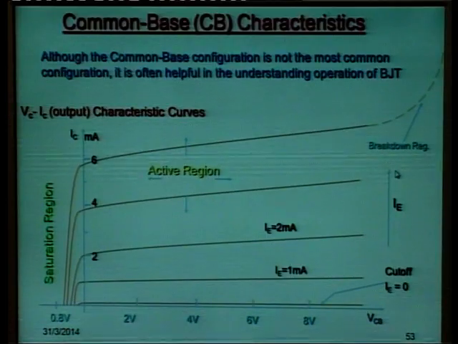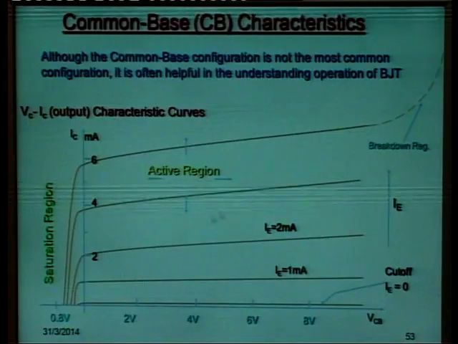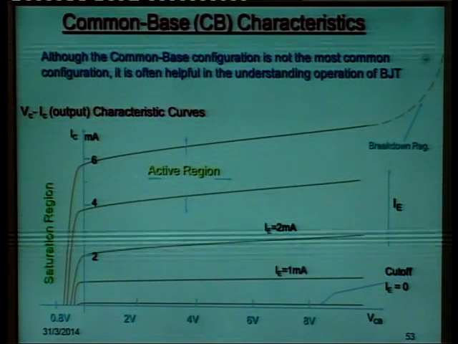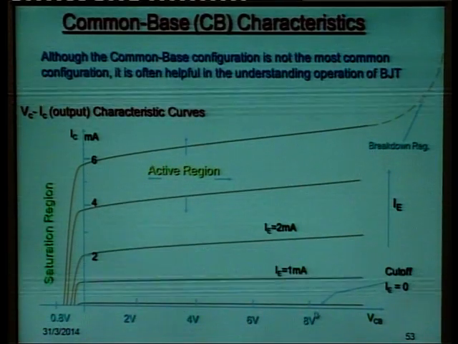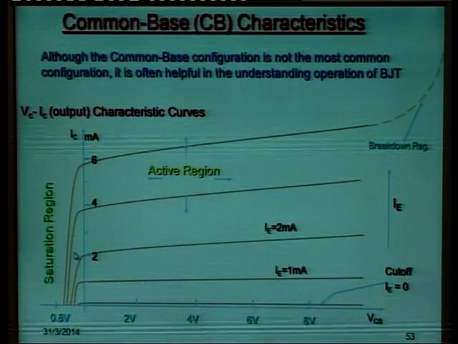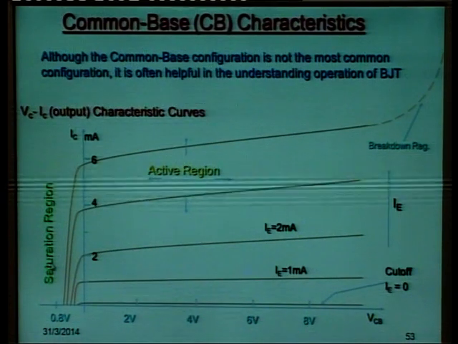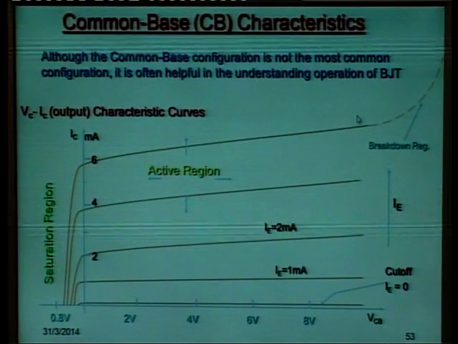Here emitter current is constant, and if you see, this is the active region. This is the region which is used for amplification. This region is saturation region. Here you have the breakdown region, and below where emitter current is 0, we call it the cutoff region. Normally we do not use the cutoff and saturation regions. They are used when we use the transistor as a switch, and the mostly used area is the active region.